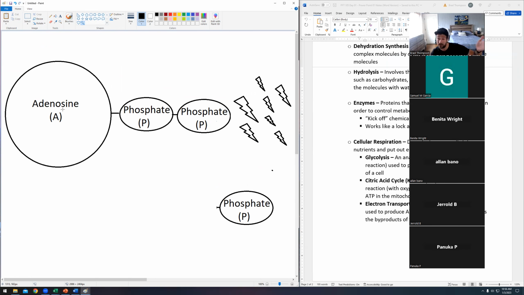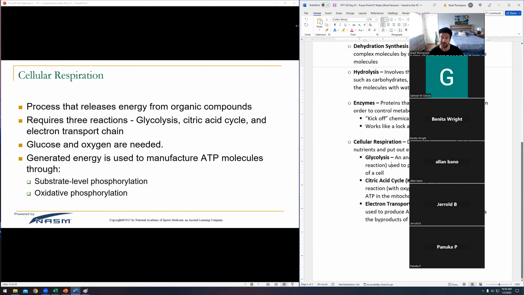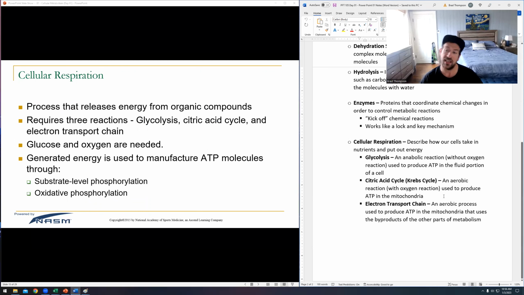Now I'm left with an ADP, adenosine diphosphate: di for two, tri for three. So I break down that ATP into ADP, and all of this energy right here, I'm going to scoop all up and power my cells with it. That's what allows me to do literally everything that I do. Everything that you do every single day takes energy, and that is how we do it.